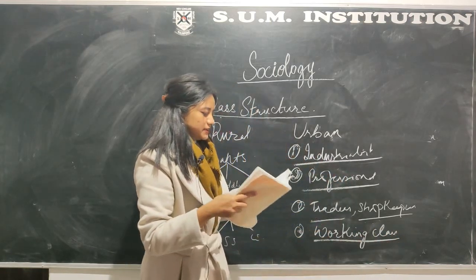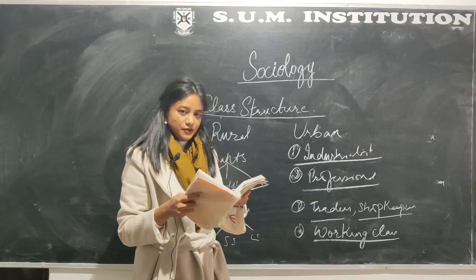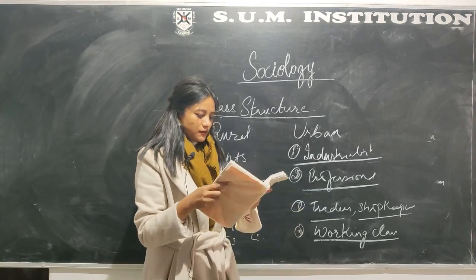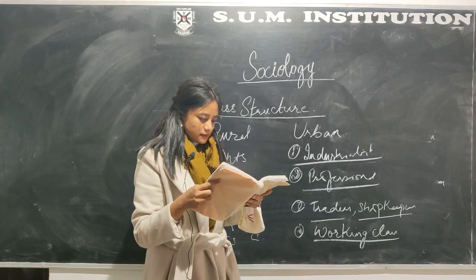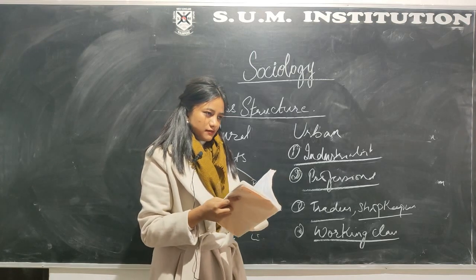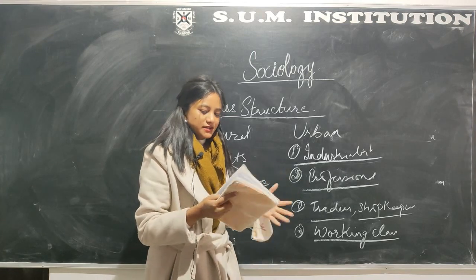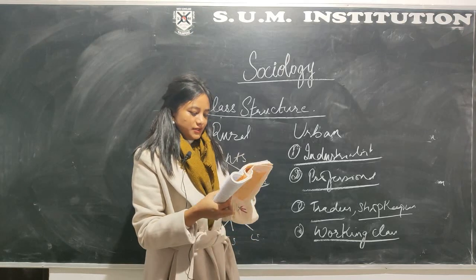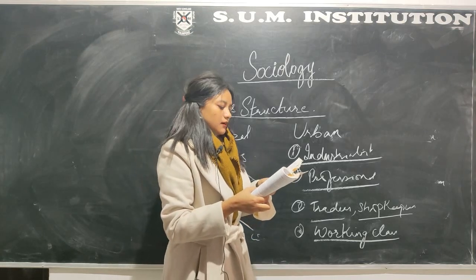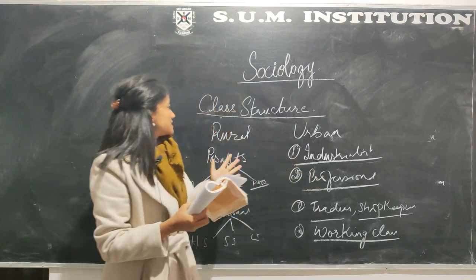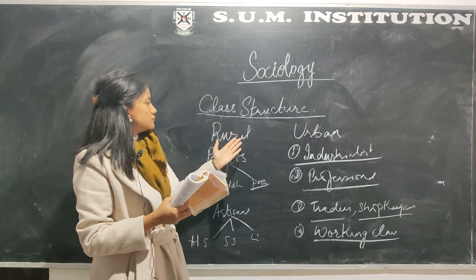In the working class, they were the daily wage laborers, those who work manually, and they get paid every day. So this is the lesson that we learned today: class structure, rural and urban.